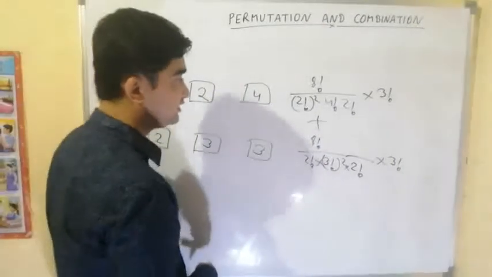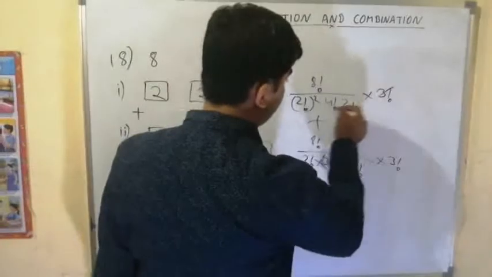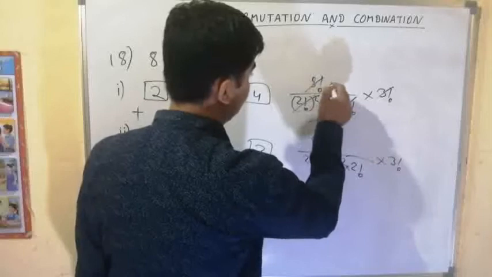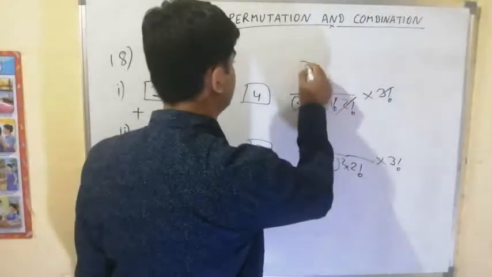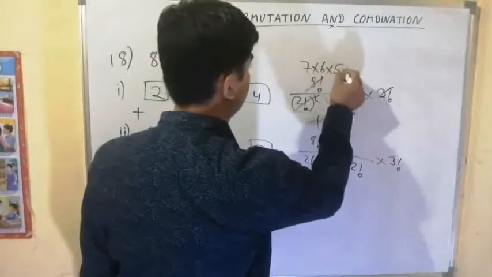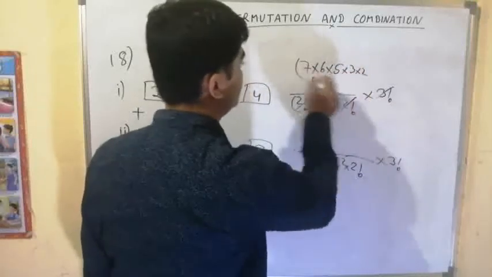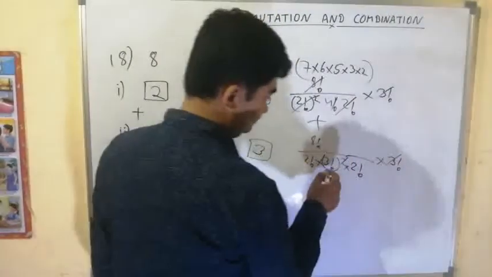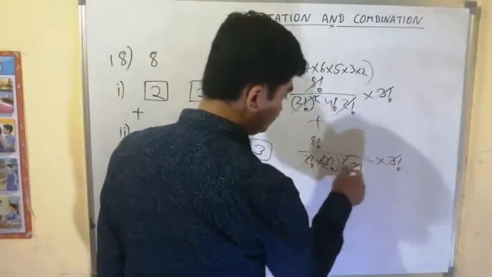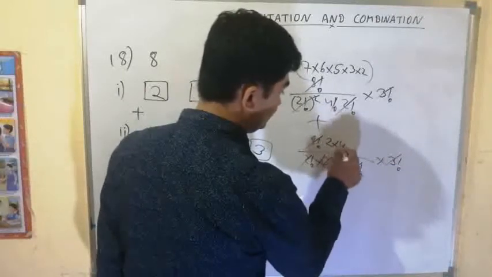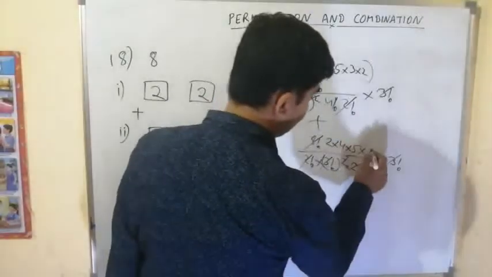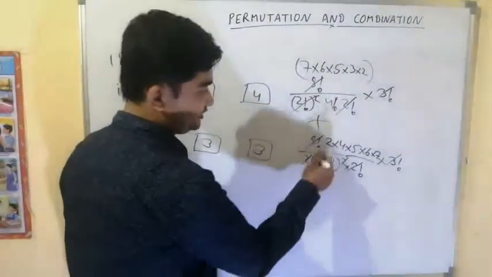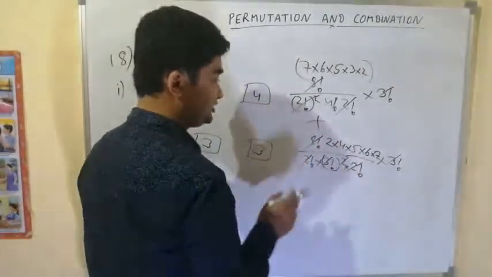So we can simplify and get the answer. This is 4 and this is 4 into 2. So this is 7 factorial divided by 4, which is 7 into 6 into 5 into 3 into 2. 4 is cancelled. So this plus the other. 3 is cancelled and 2, 2, 2 is 8, which is cancelled.